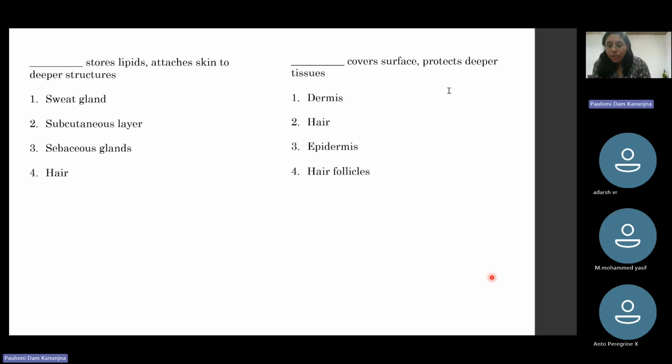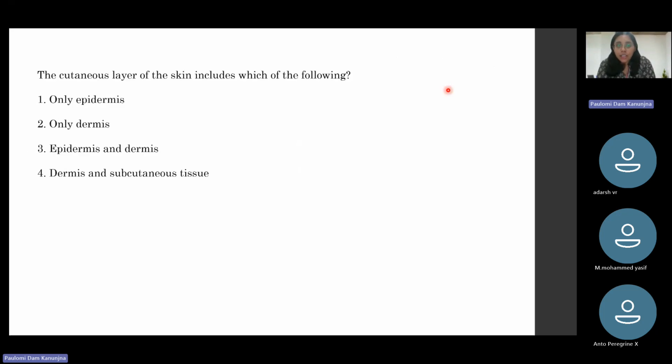Okay, so let me go to the answer of this question. The first one is sweat glands. So we know that that stores lipids. And the second one is epidermis because that is just at the top, first layer, right? Again, easy questions. So the cutaneous layer of the skin includes which of the following? So where do you find the cutaneous layers?